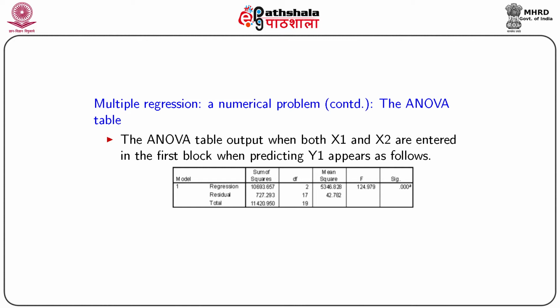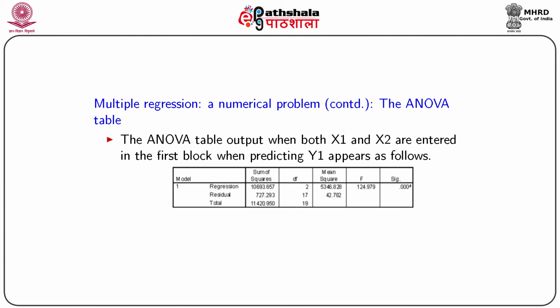The regression sum of squares is also the difference between the total sum of squares and the residual sum of squares. So if the reader is interested, they can try subtracting 727.293 from the total sum of squares, 11,420.95, and see that we get the regression sum of squares.